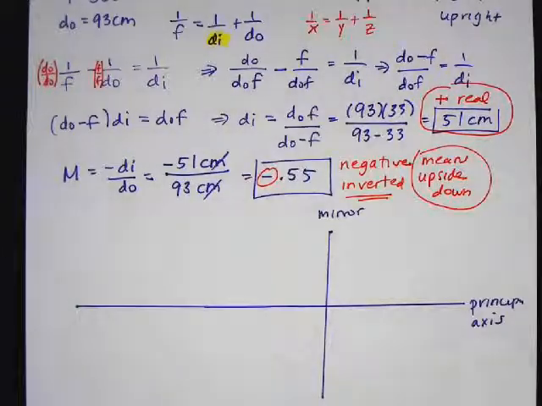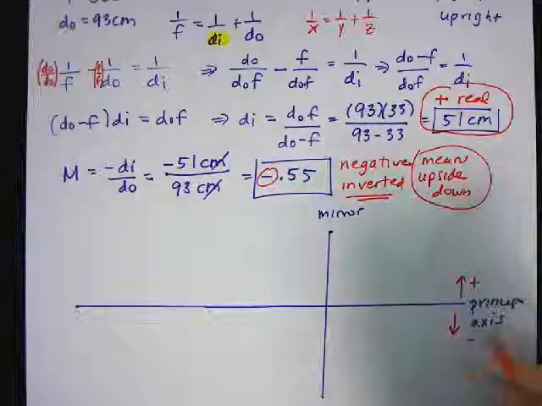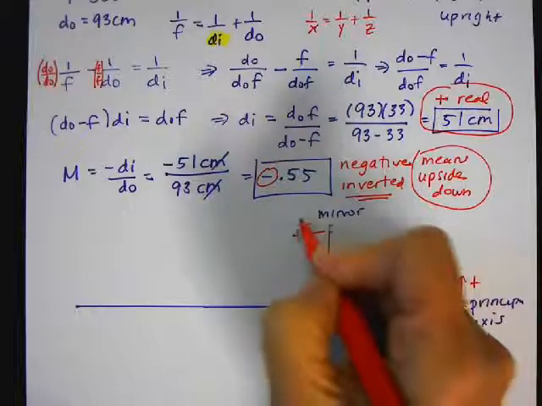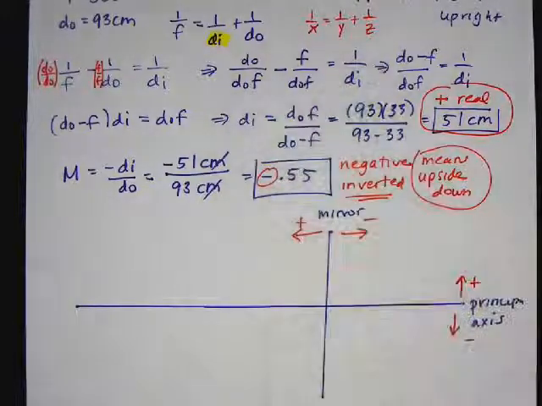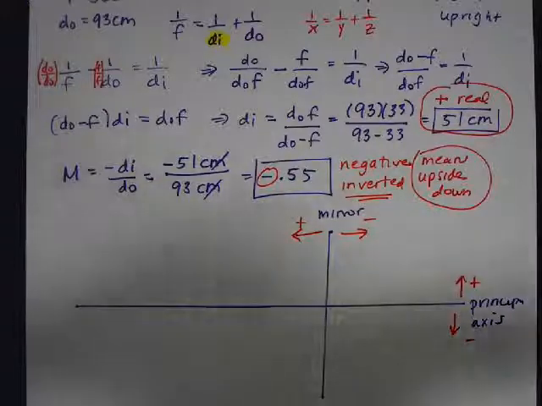Remember, for the principal axis, this is positive, this is negative, and for the mirror, for concave, this is positive and this is negative. So those are my frame of references. Now it says that the object is, so first I have to establish my center of curvature. They tell me the focal point is 33.